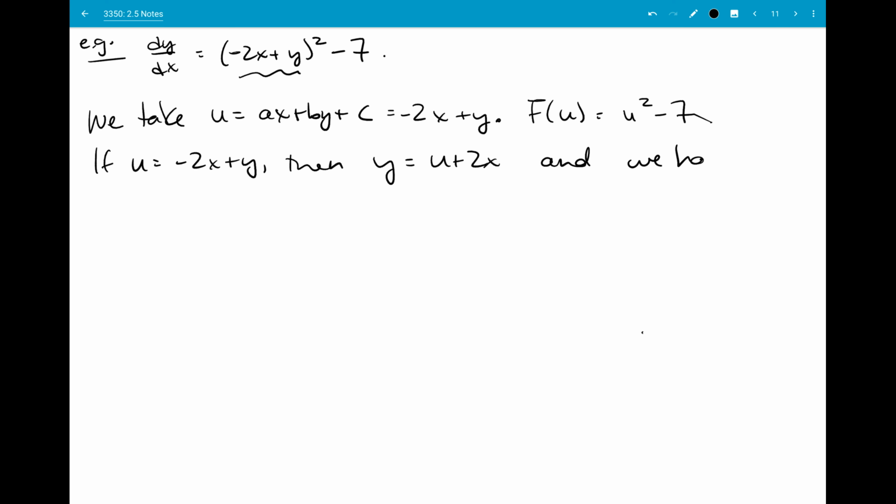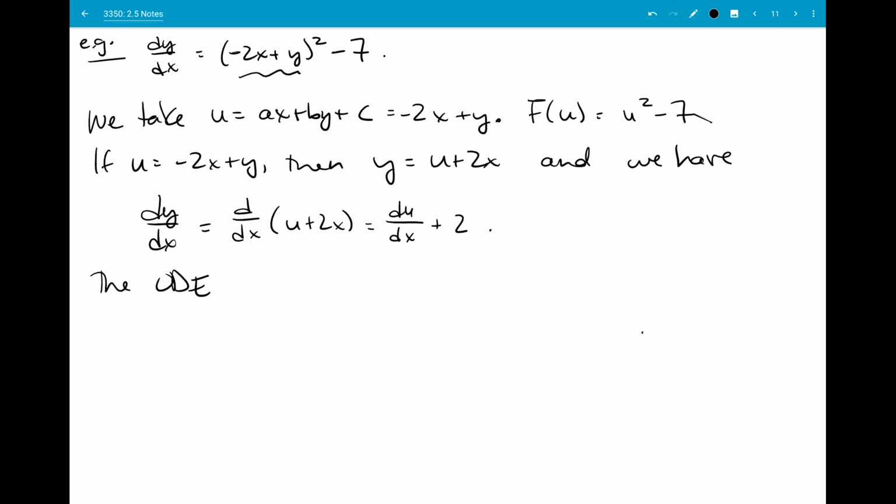And we have the derivative, dy dx, because we know that we have to get rid of the y derivative if we switch to using u as our variable, is d dx of y, so u plus 2x. And so that's just going to be, distributing the derivative because of linearity of derivatives, du dx plus 2.